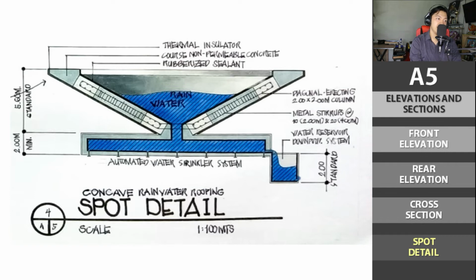As you can see, the blue rainwater goes through the conical structure before it directly goes to the reservoir downpour system itself. It goes through the automated water sprinkling system, which is right at the top of the ceiling structure.